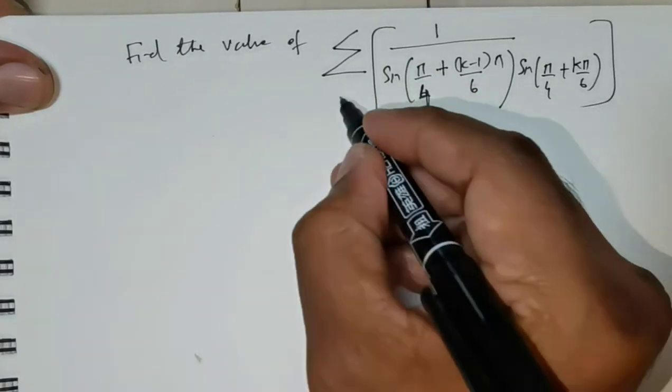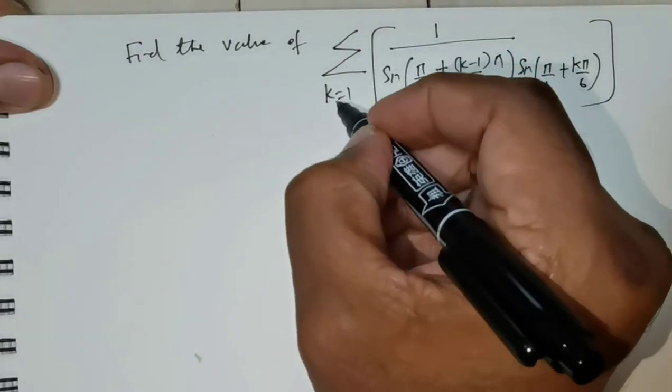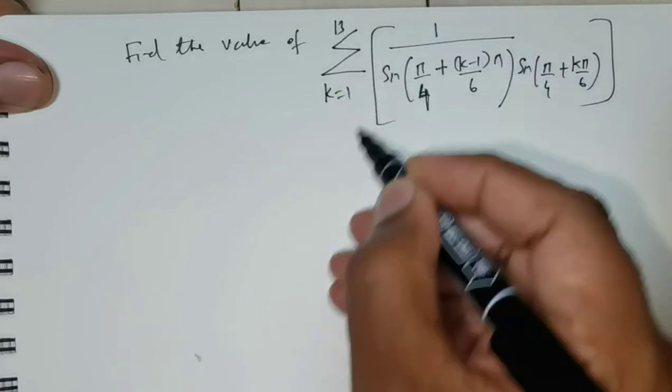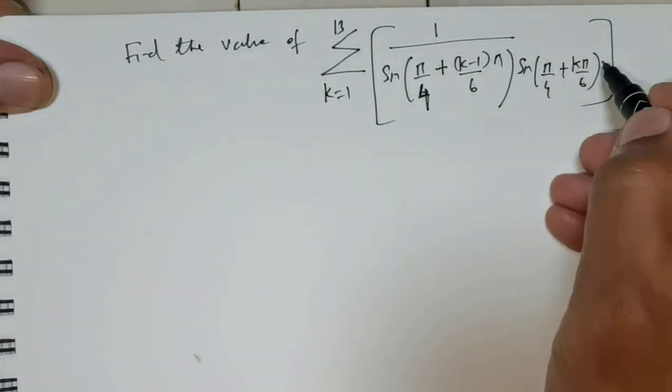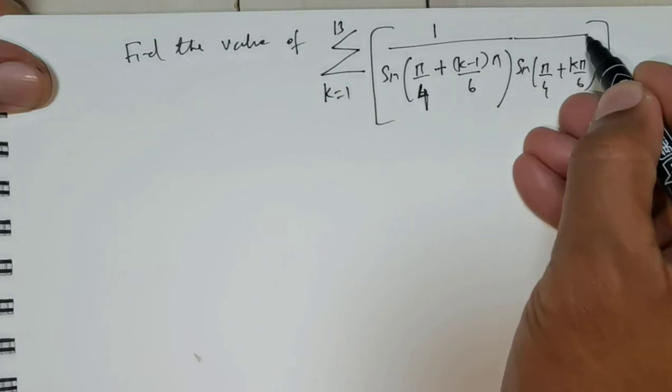So this is the term, and the value of k varies from 1 to 13. And we are given a list of options.